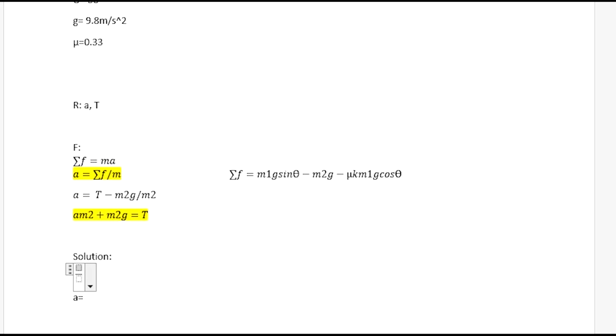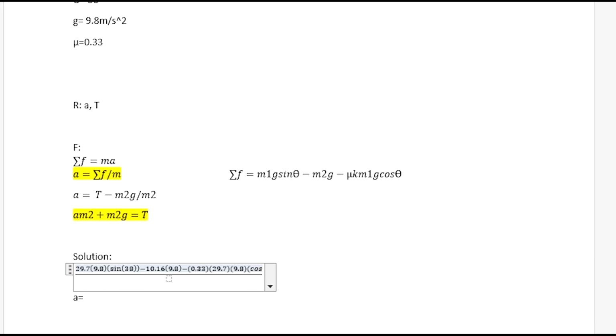So the solution will be, let us first find the acceleration. So our m1 is 29.7 multiplied by 9.8 multiplied by sine theta, sine angle 38, subtracted by m2, which is 10.16, multiplied by the gravity, which is 9.8, minus the frictional force, 0.33, multiplied by the m1, which is 29.7, multiplied by the gravity again, and lastly the cos theta.